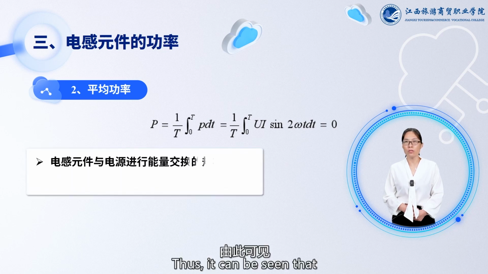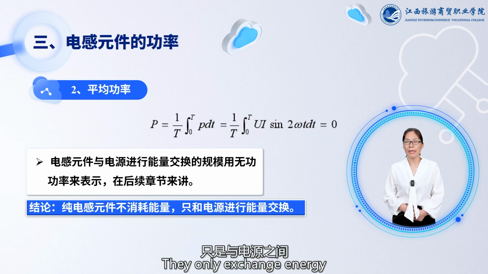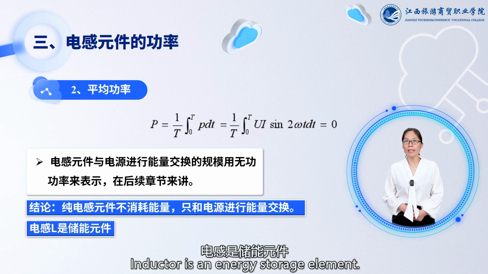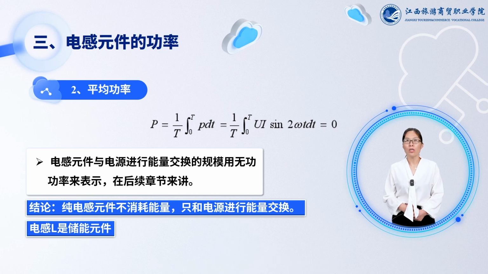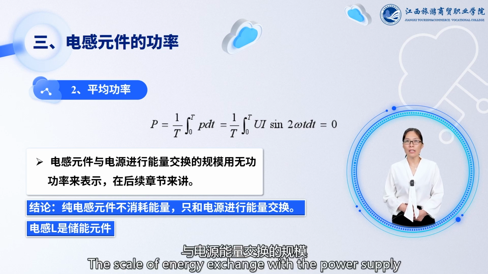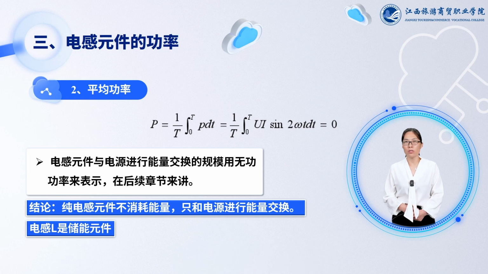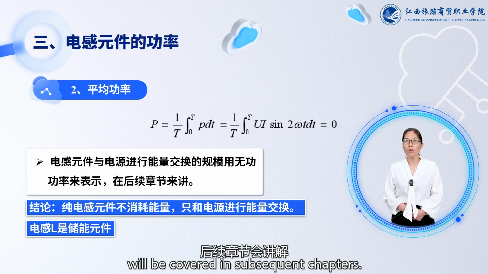Thus, inductive elements do not consume energy; they only exchange energy with the power supply. The inductor is an energy storage element that stores magnetic field energy. The scale of energy exchange with the power supply is represented by the maximum value of instantaneous power, also known as the reactive power. Specific knowledge of reactive power will be covered in subsequent chapters.